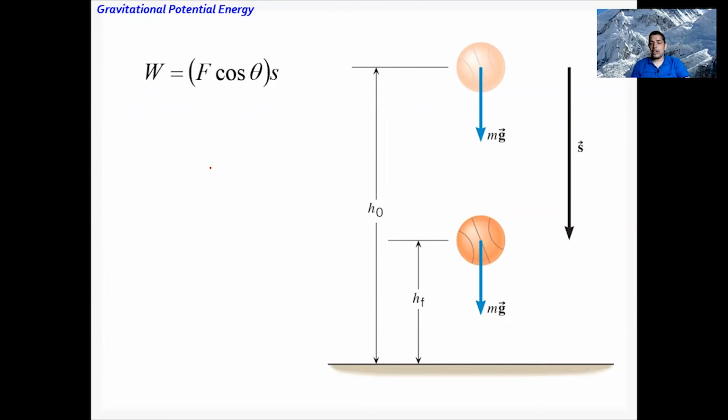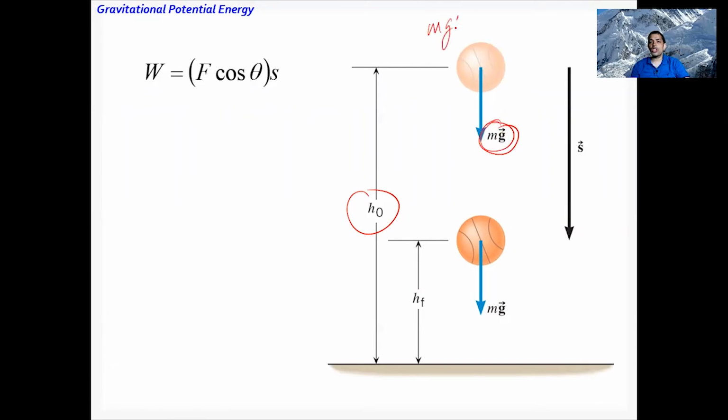So in this slide, we'll be talking about gravitational potential energy. Okay, suppose you have a ball here at a height of h0, and this ball has the potential energy of mgh0, right?